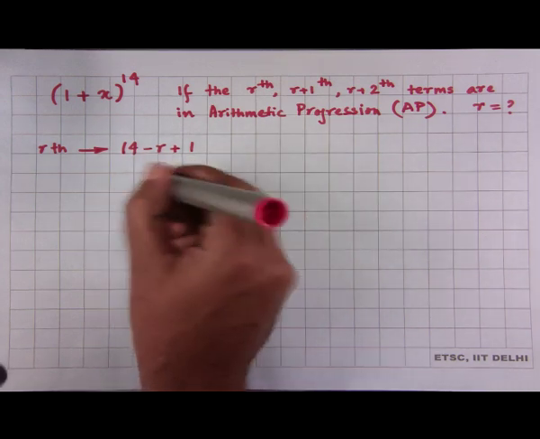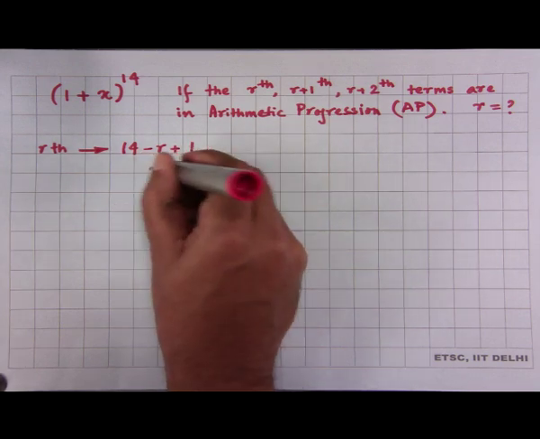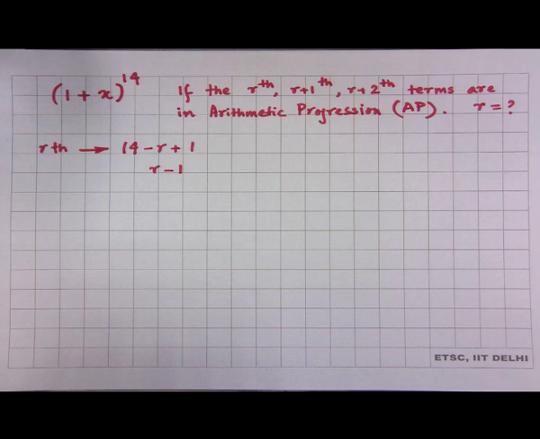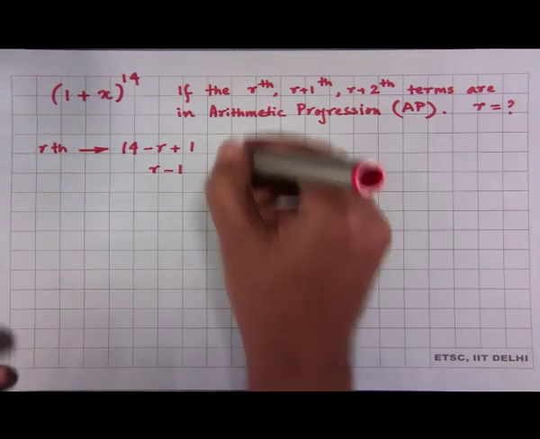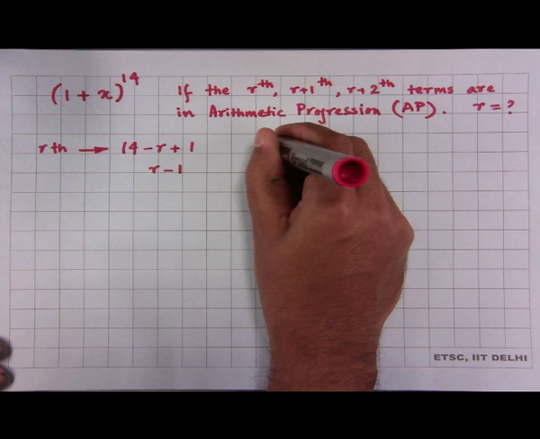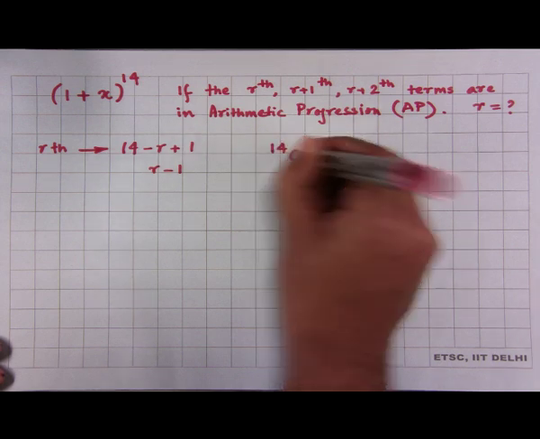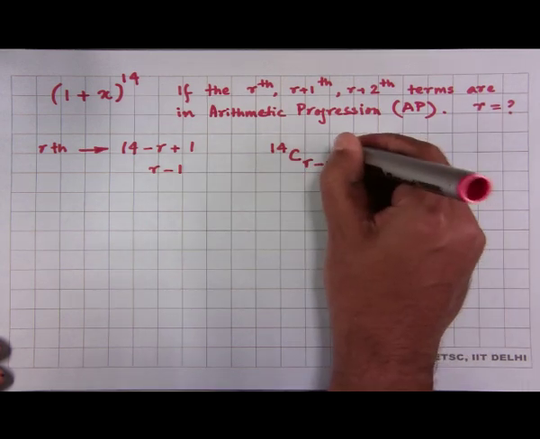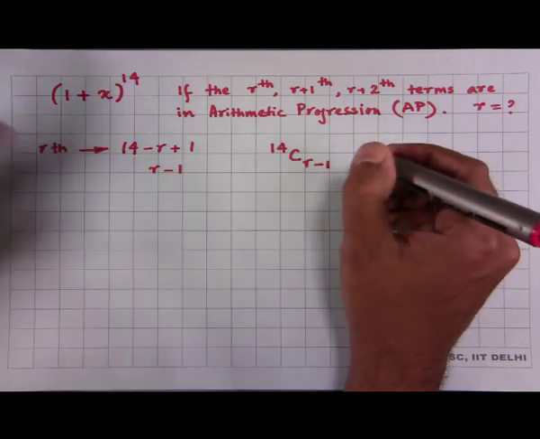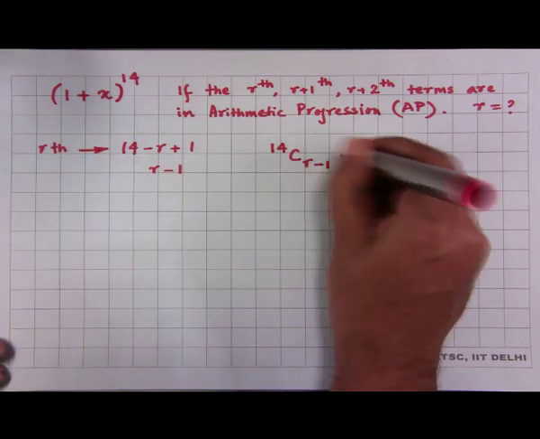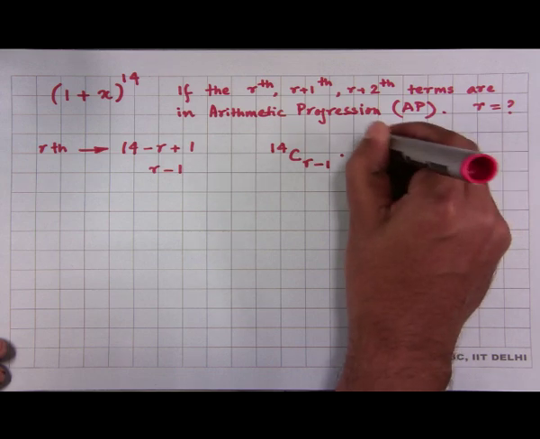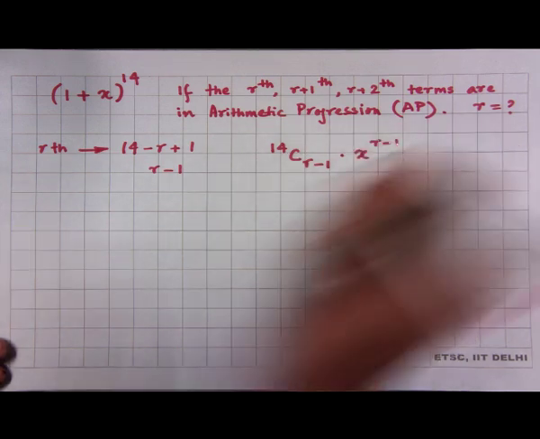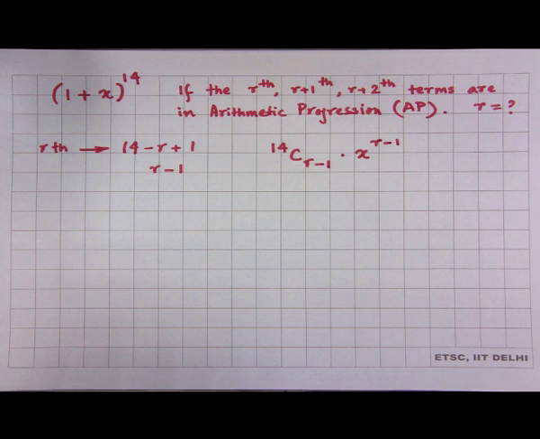You are going to choose r minus 1 x's. So, the term is going to be 14 choose r minus 1, 1 to the power 14 minus r plus 1 is just 1, times x power r minus 1. So, this is the rth term.